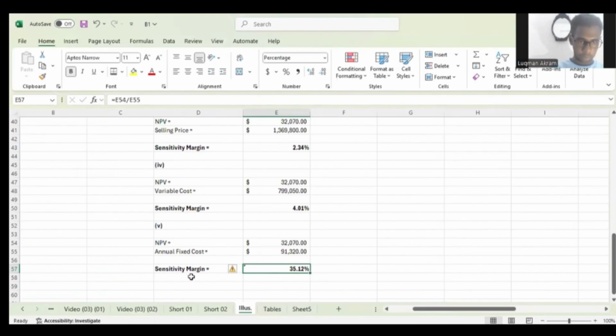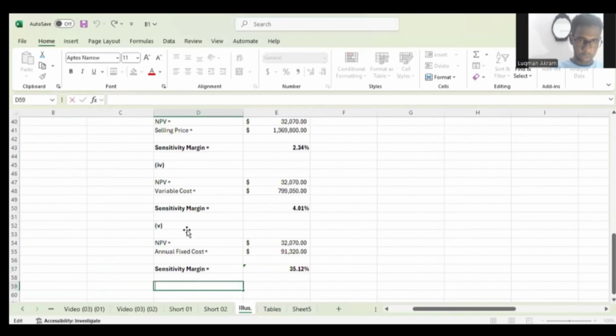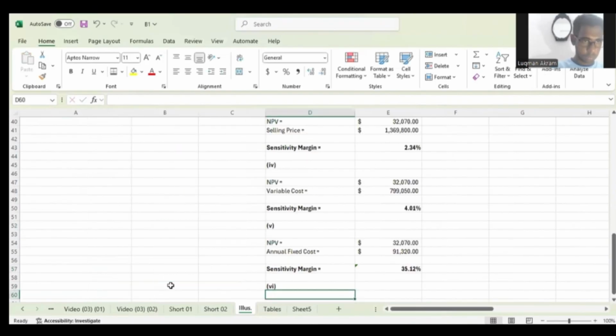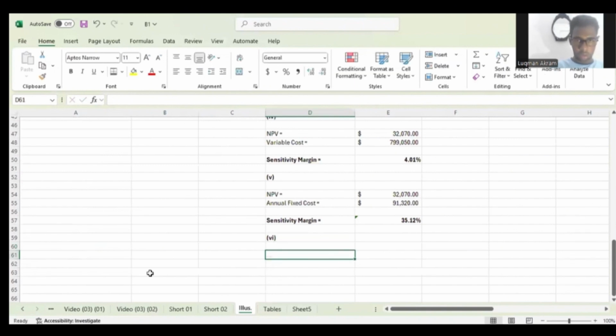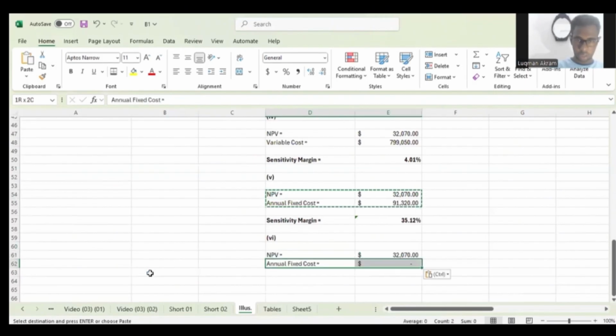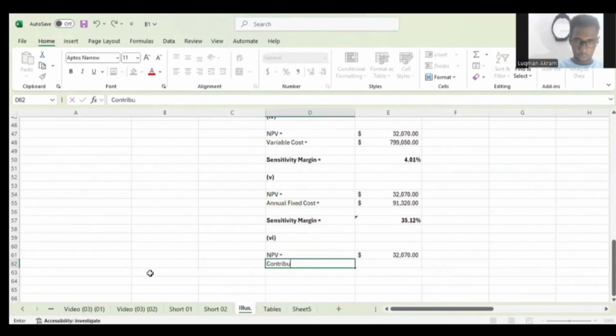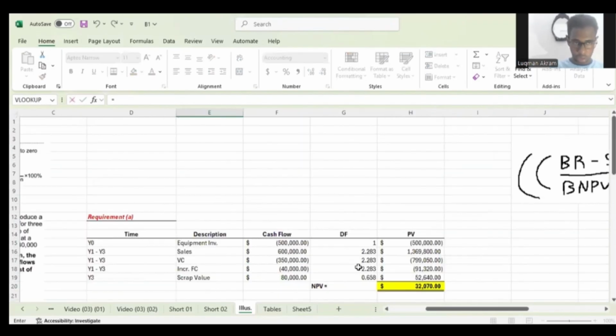Next up, we can calculate sales volume. For the sales volume, instead of taking the sales volume, we would be taking the contribution here. Contribution in this case would be the present value of sales subtracted by the variable cost.